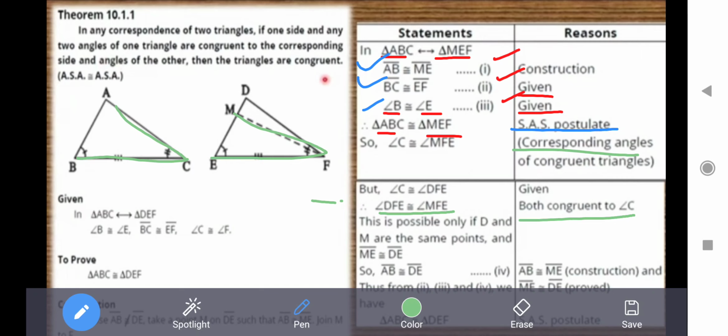But this is only possible when M and D are the same points.